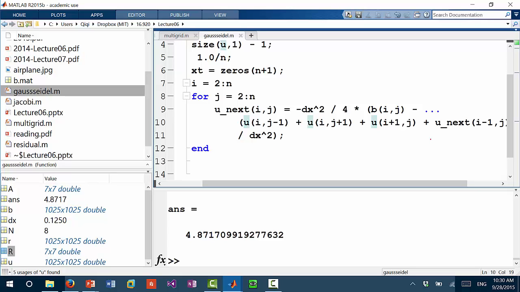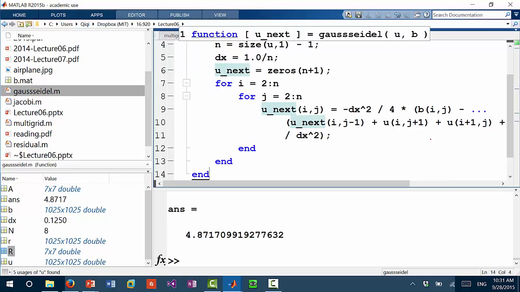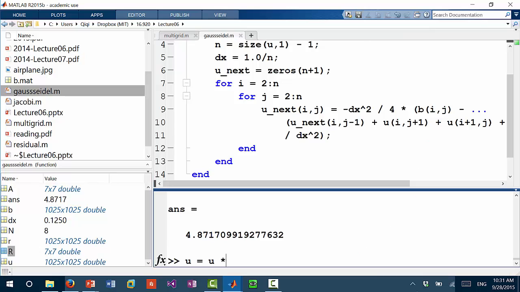How about this? It's lower diagonal. Should be L times U k plus 1. It should be U next. U next in this iteration is U k plus 1. So okay, we have changed Jacobi iteration into Gauss Seidel. It's that simple.